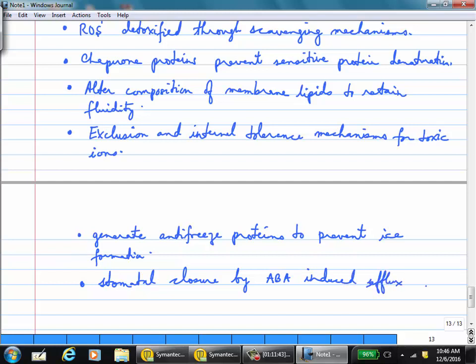Efflux of, not influx, efflux of potassium and anions from guard cells. So here the stimulus is drought. It is not light. In the presence of blue light, we know how water flows into those guard cells and then the stomata open. Here the water will flow out because if potassium ions and anions move out, then the water potential will become high. Water goes out, and the stomatal pore closes.